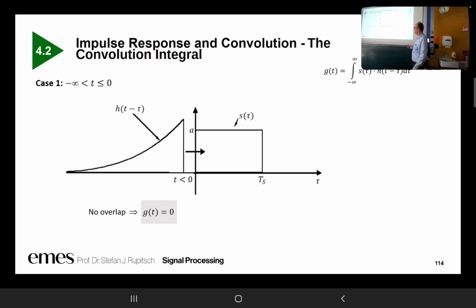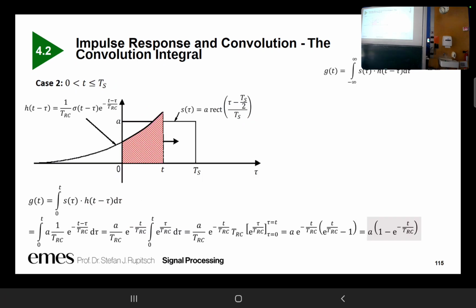Individually, in the first case, we have the mirrored and time-shifted version of our impulse response. There is no overlap, as you already mentioned. Accordingly, the integral is zero. Next, we shift our impulse response from the left to the right, and due to the shifting, we have a certain overlap here.